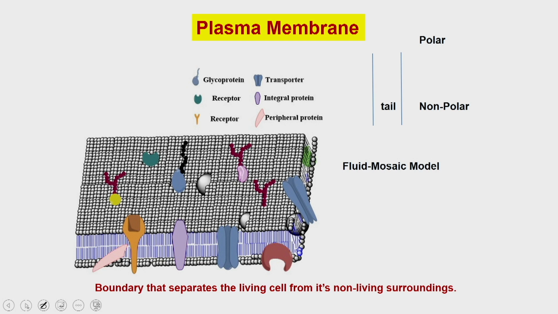In the plasma membrane you have lipid molecules as well as proteins, and the lipids are arranged in two layers, which is called the bilayer. And why are they arranged in two layers? Because the phospholipids which make the plasma membrane have a unique feature.